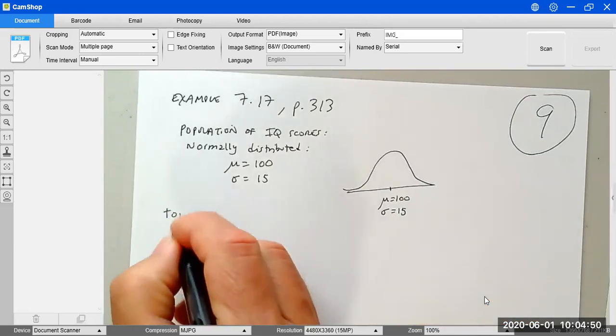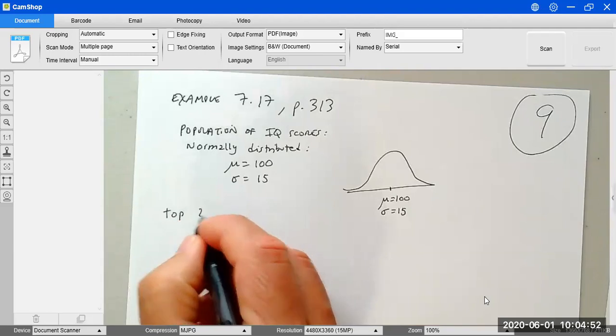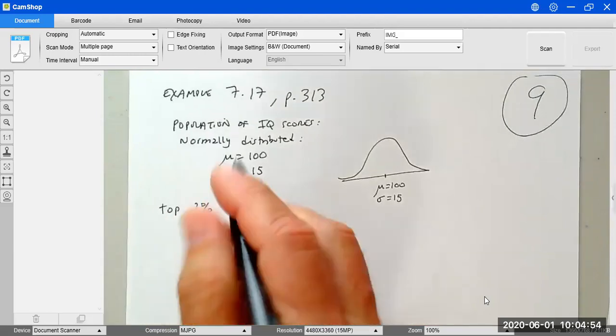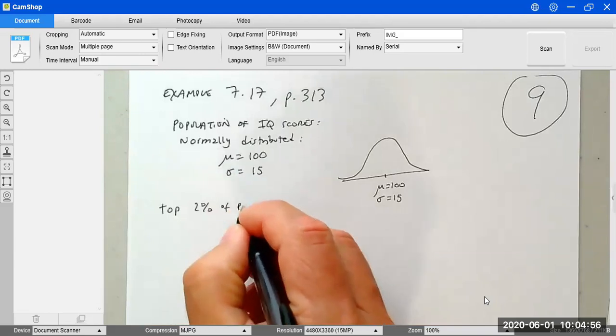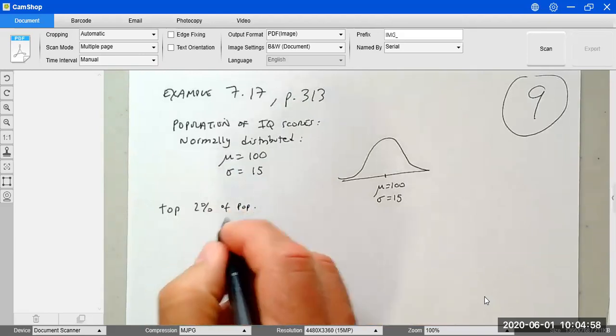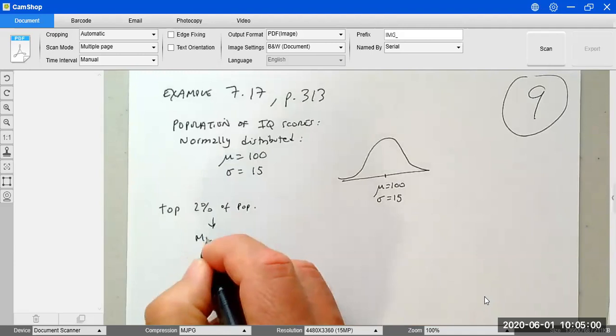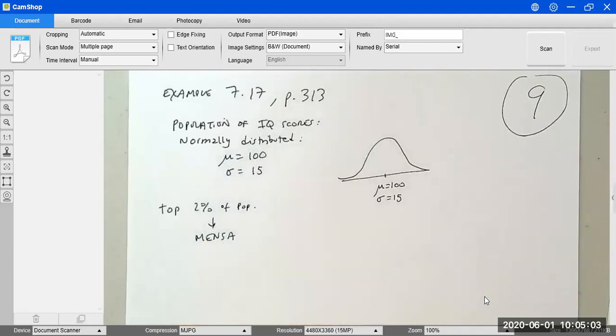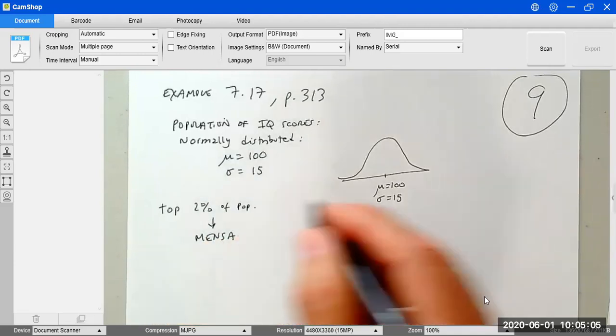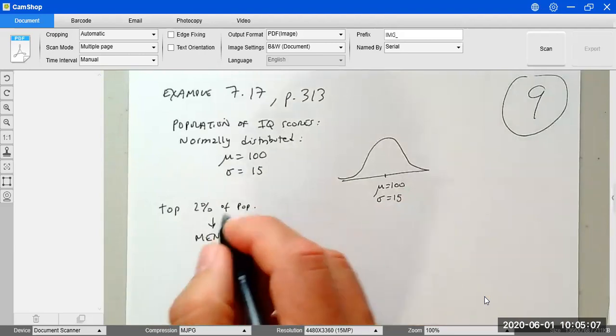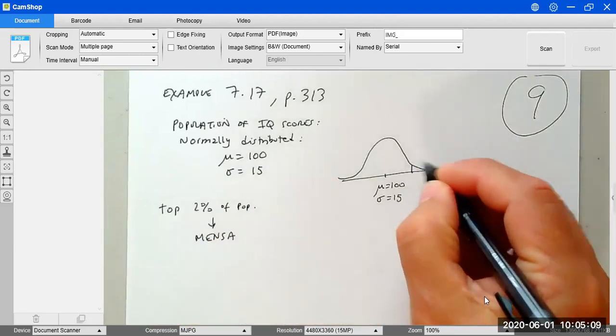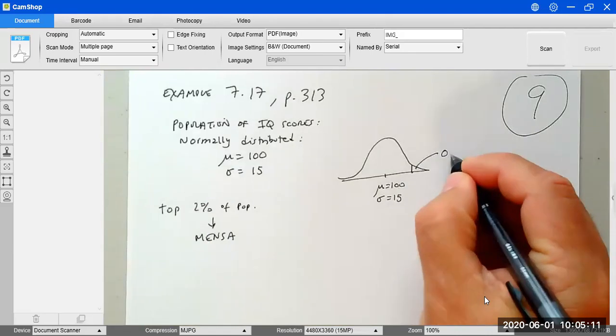So the top 2% of the population can get a membership with Mensa. What is 2%? 2% is just 0.02.